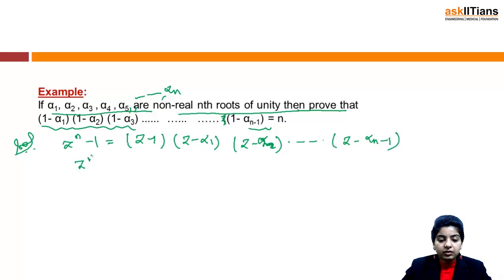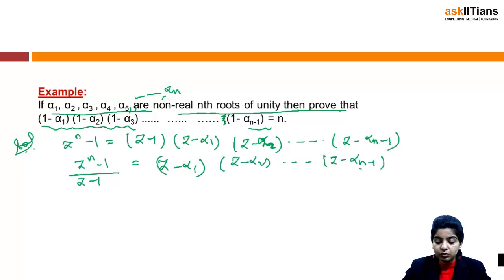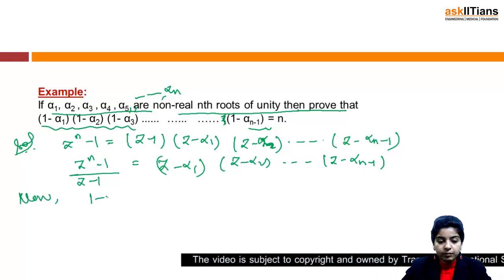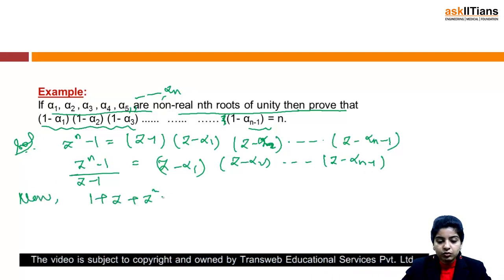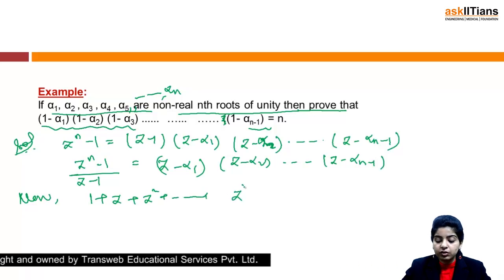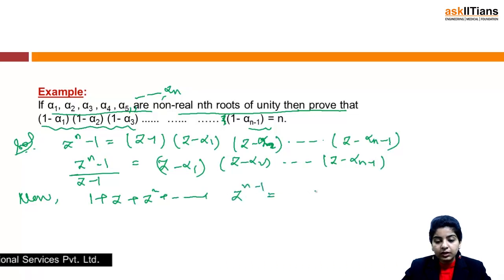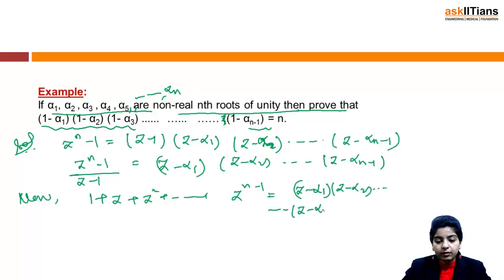So if I take this term here, I get 1 plus z plus z square and so on, z raised to the power n minus 1, is equal to (z minus alpha 1)(z minus alpha 2) and so on (z minus alpha n minus 1).